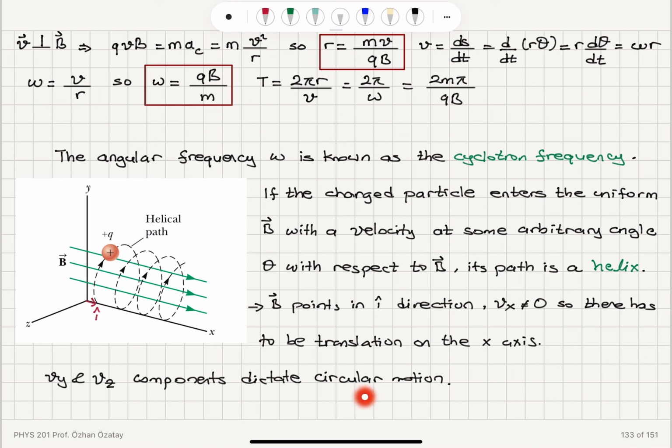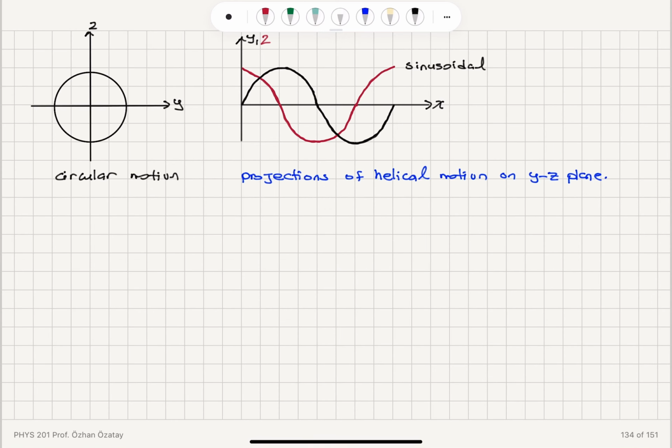The vy and vz components dictate uniform circular motion for the projection of the motion on the yz plane. Okay, so if we plot on the yz plane the projection of this motion, we get this uniform circular motion with radius r.